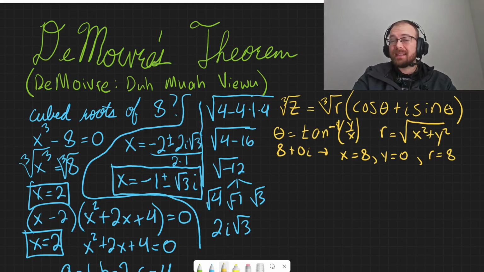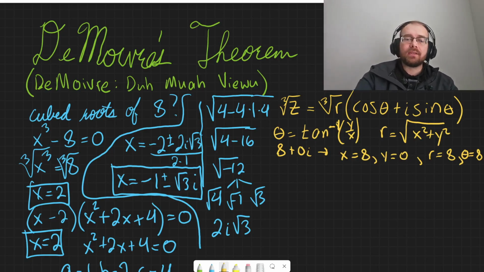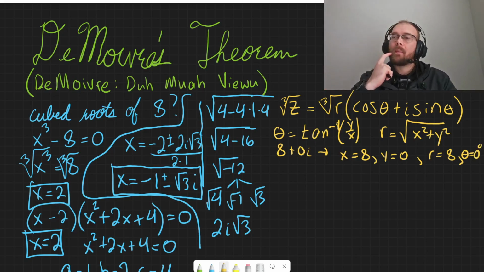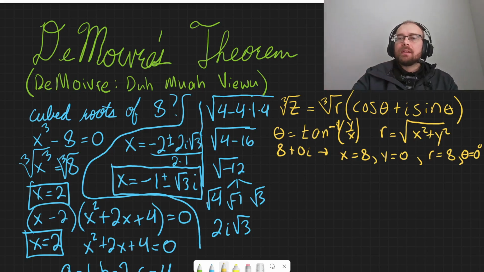So it's either going to be theta is 0 degrees or theta is 180, and in this case it's going to be 0 because if I were to graph this complex number as a point, it would be the point 8, 0. So theta is 0 degrees. Okay. So then from here, we start plugging in our stuff.